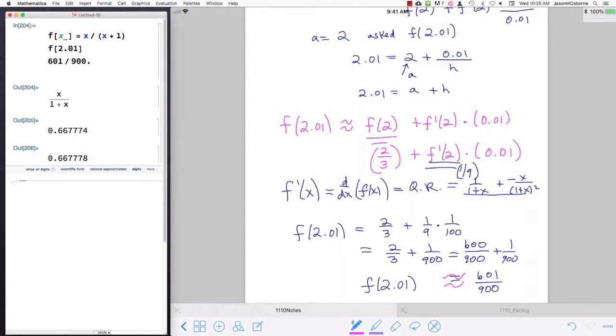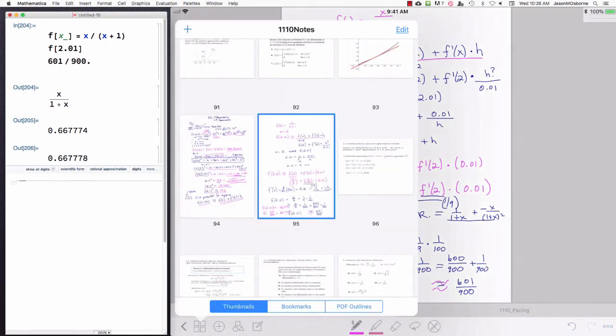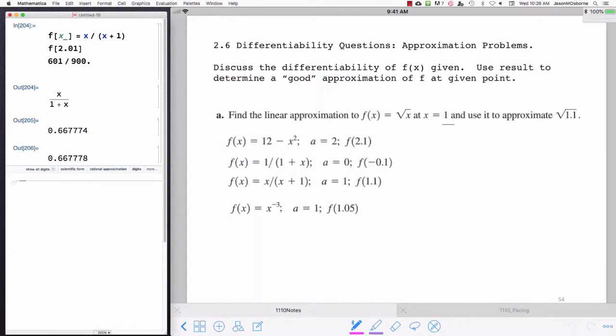You can see that those are very close to each other. We'll need this approximation idea quite a bit, which is why there are additional practice problems for you to do in the notes.